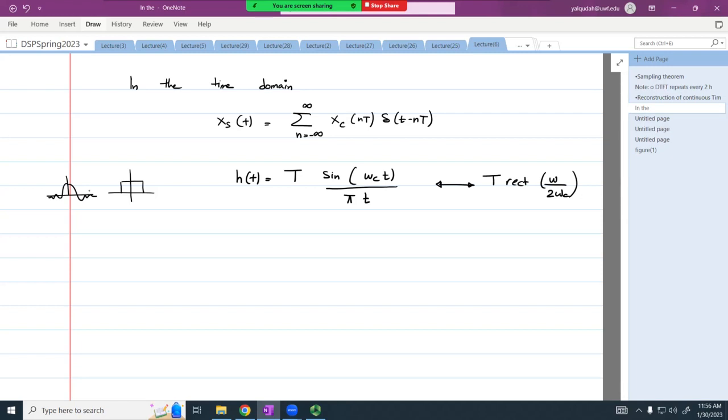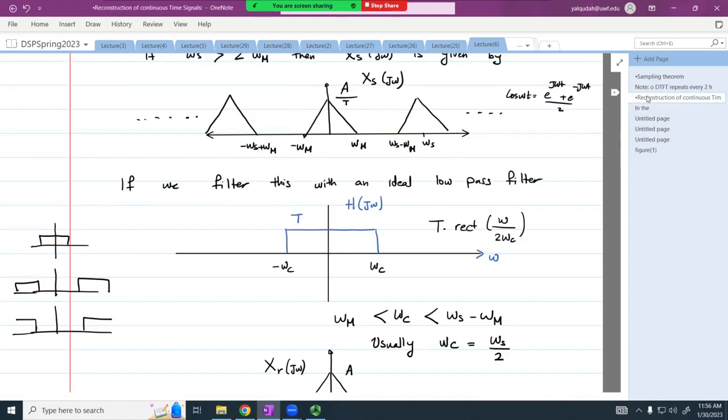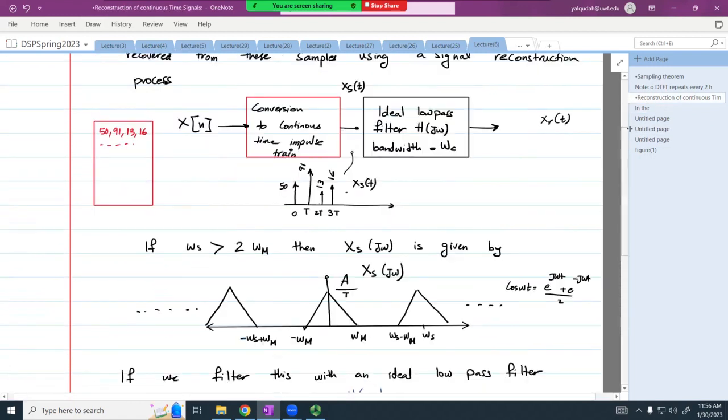Sine of t over t is a sinc. Okay. Now then, how does this process work? Going back here, this filter in the frequency domain looks like a rect. If I were to look at everything in the time domain, how does this look? A sinc.